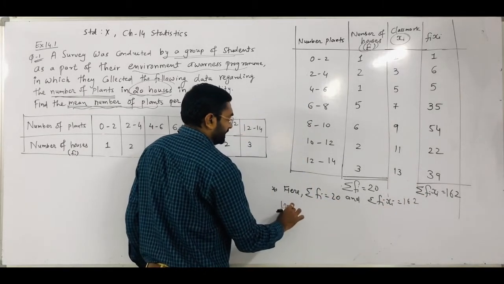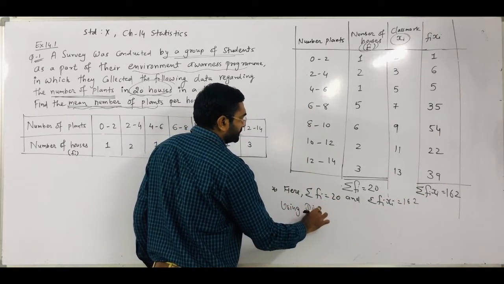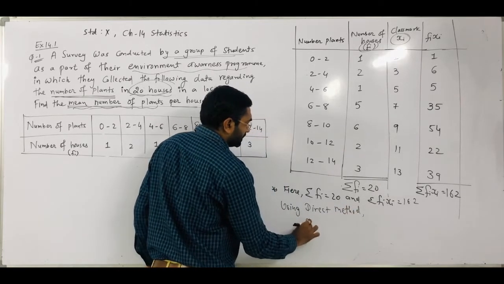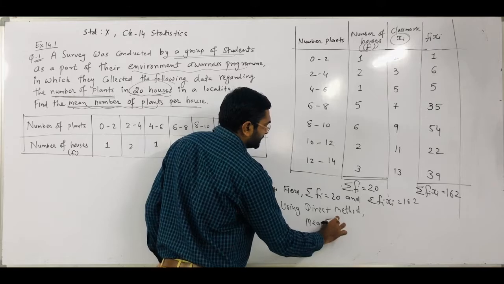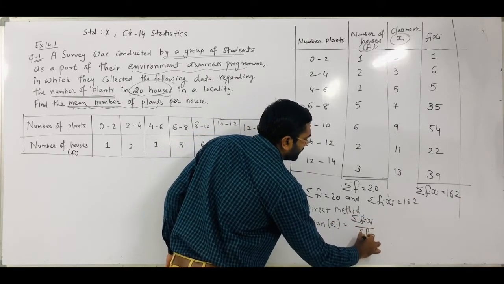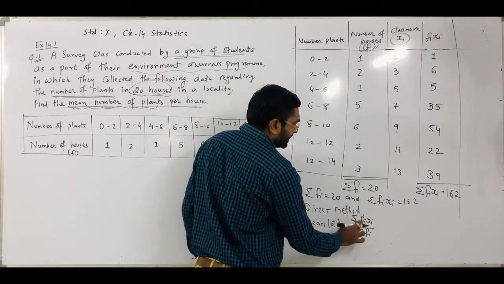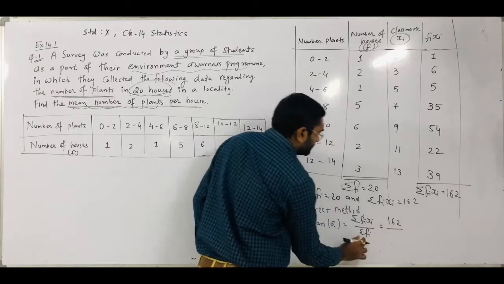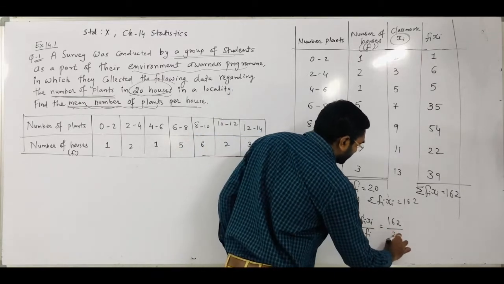So we apply the direct method. Using the direct method, the mean formula is: mean X bar is equal to sigma Fi Xi upon sigma Fi. The sigma Fi Xi value is 162. The sigma Fi value is 20. Right?